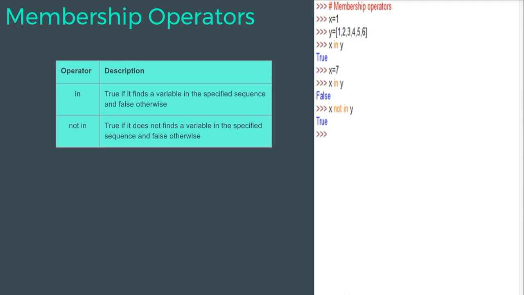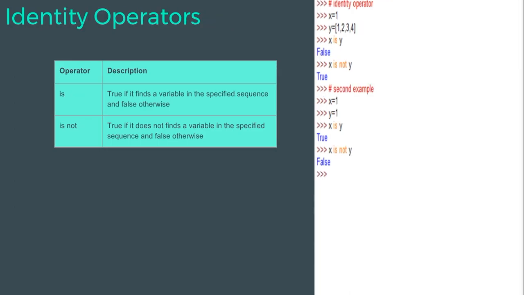Now let's take the seventh operator, the identity operator. There are two operators, the is operator and the is not operator. Let's take an example of the identity operator in IDLE shell. x is equal to 1 and y is equal to the list of numbers 1, 2, 3, 4. When you perform x is y, definitely 1 is not equal to the list y, so the answer will be false.